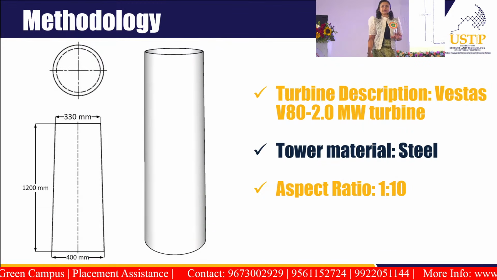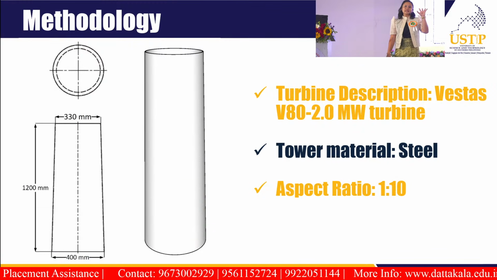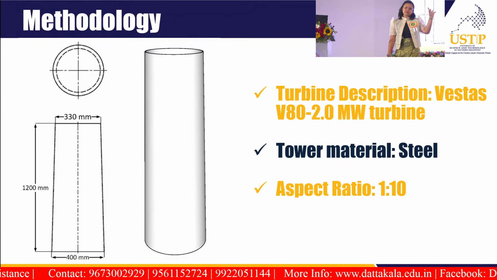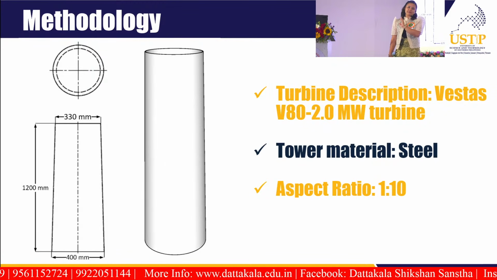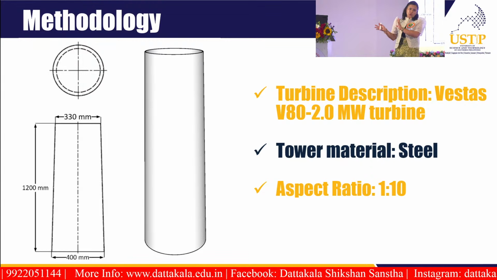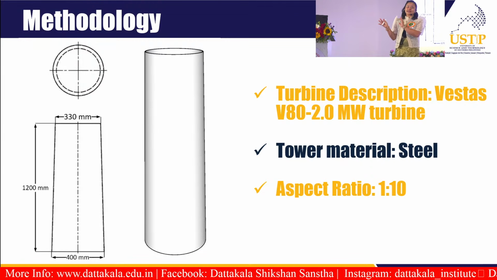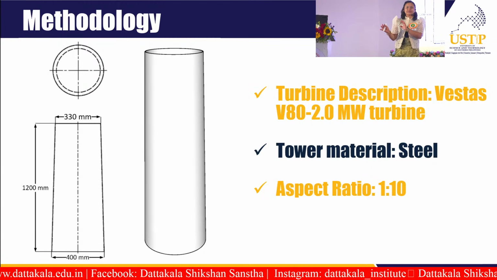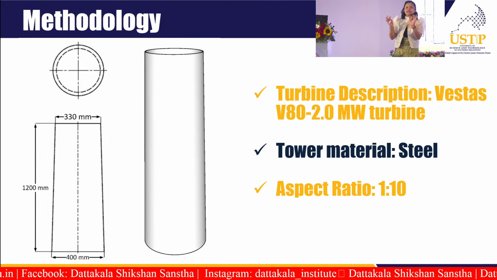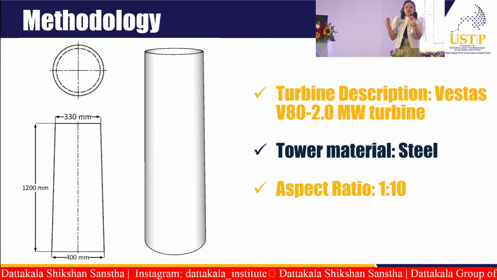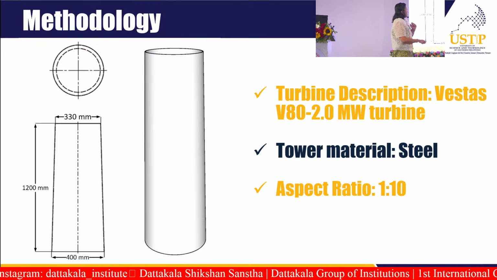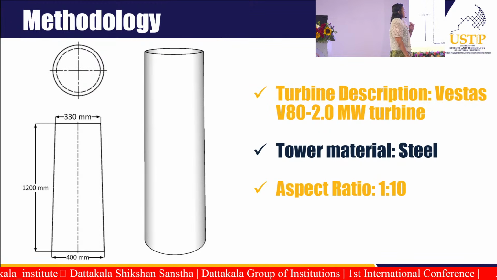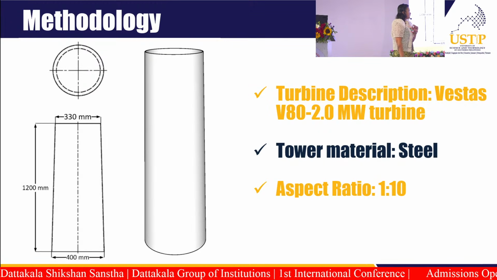Then, of course, we studied all the different types of wind turbines that are installed in the wind farms, and a lot of wind turbines are the Vestas V80, that is a 2.0 megawatt turbine.